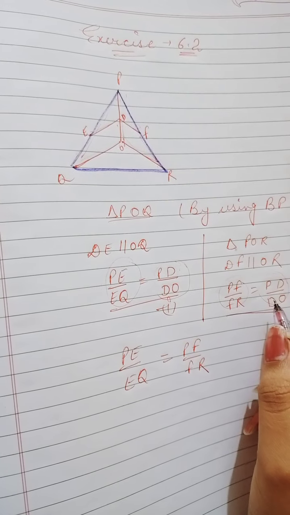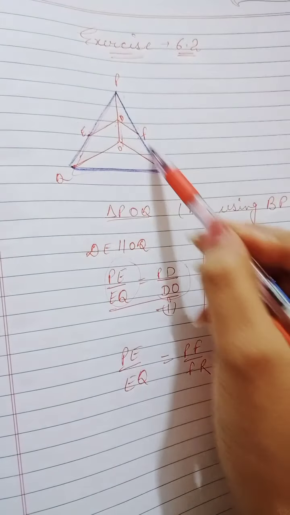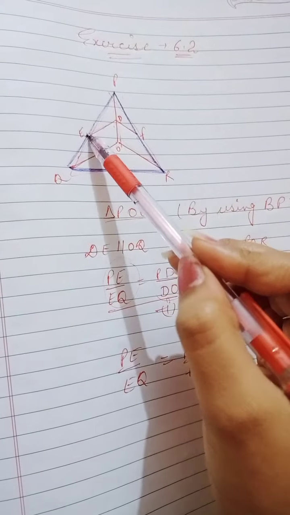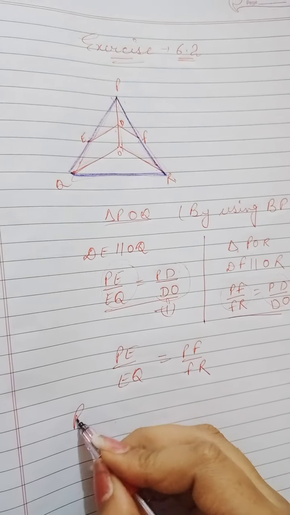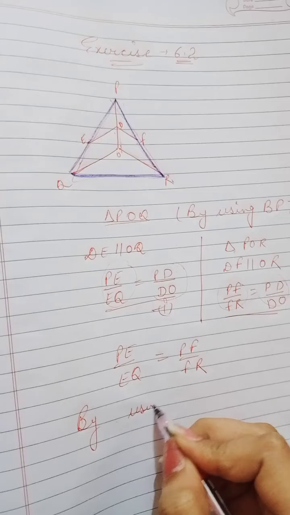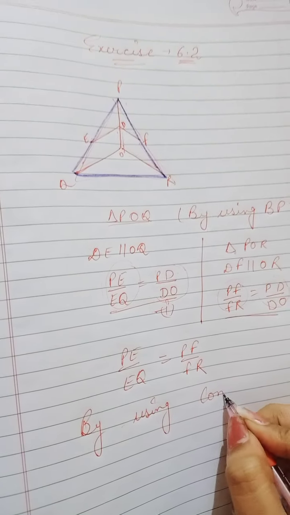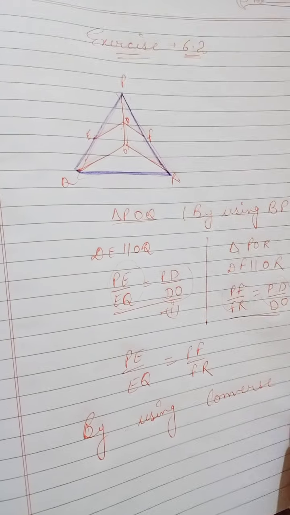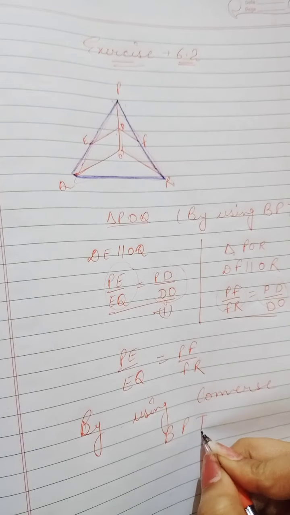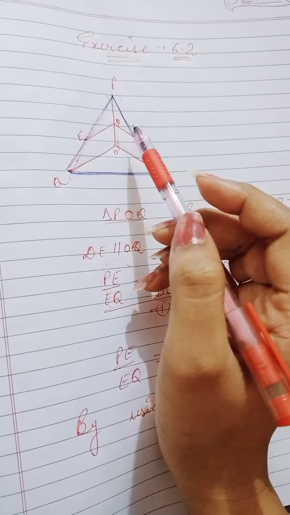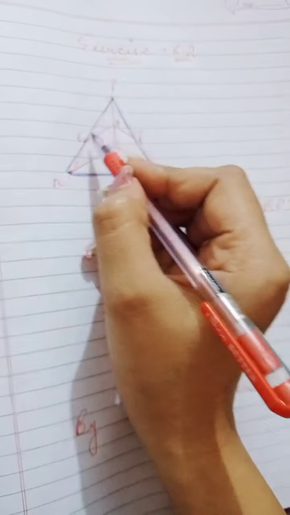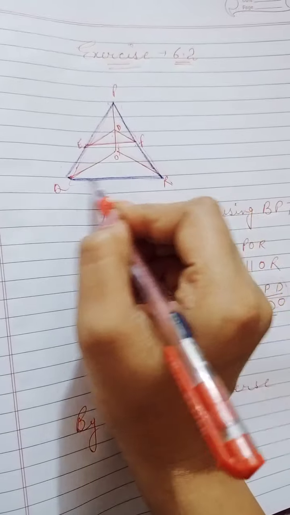So in triangle PQR, this upon this equals this upon this, right? So by using the converse of the basic proportionality theorem, converse of BPT, we can say that these lines are parallel. Which lines? EF, you have to draw this line, is parallel to QR.